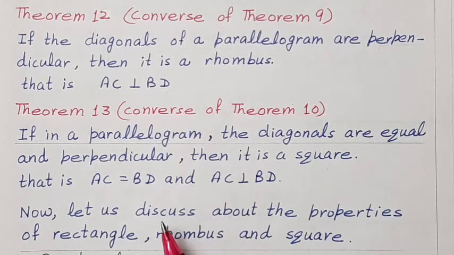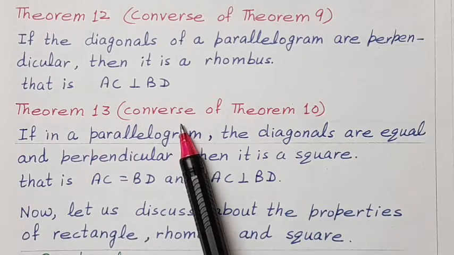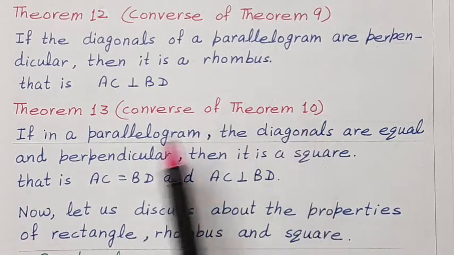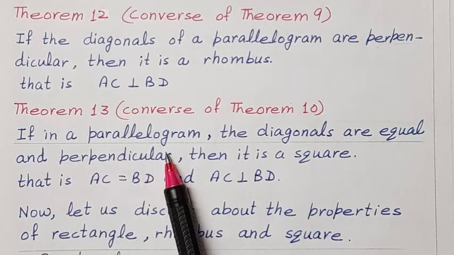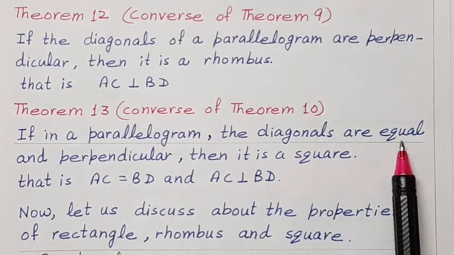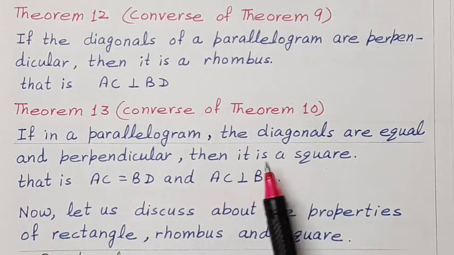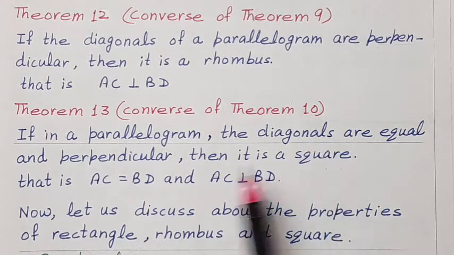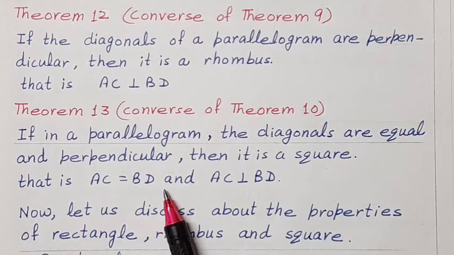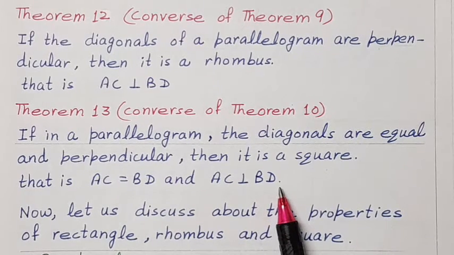And now the last theorem is theorem number 13, which is the converse of theorem number 10. If in a parallelogram the diagonals are equal and perpendicular, then it is a square. That is, AC is equal to BD and AC is perpendicular to BD.